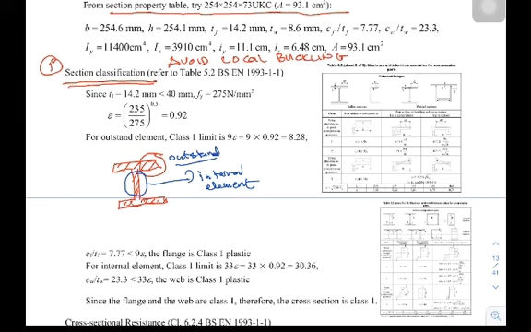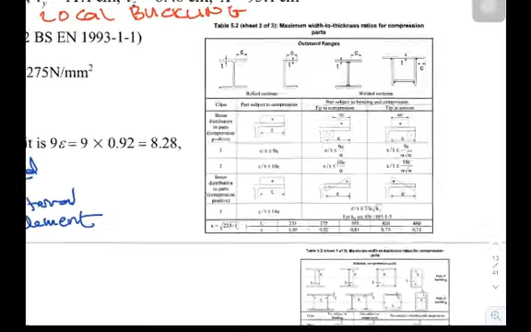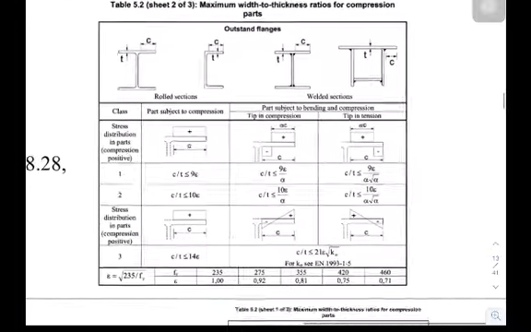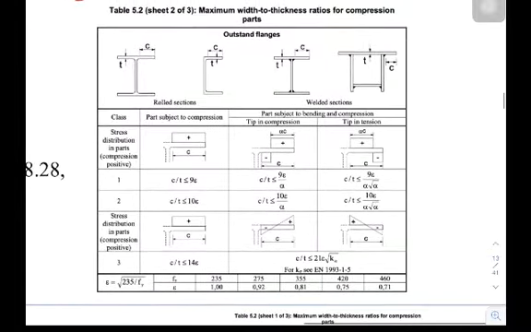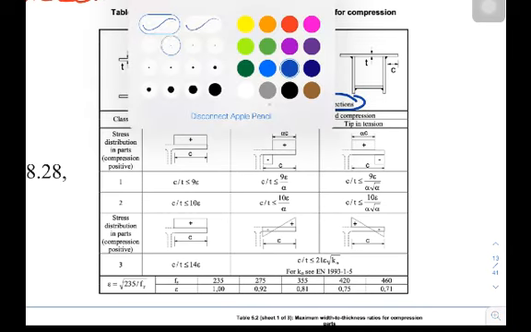How to check it? You have to find the class limit. The limit comes from table 5.2. We start off with the outstand element, which is the flange. From here, you have to make a choice whether it is a rolled section or a welded section. In this case, it's a rolled section.